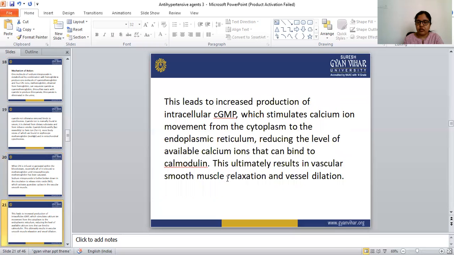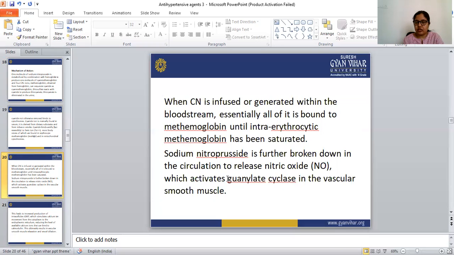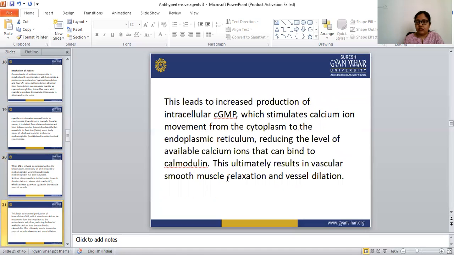Due to the activation of guanylate cyclase in the vascular smooth muscle, there is increased production of intracellular cGMP, and that stimulates calcium ion movement from the cytoplasm to the endoplasmic reticulum, reducing the level of available calcium ion that can bind to calmodulin.